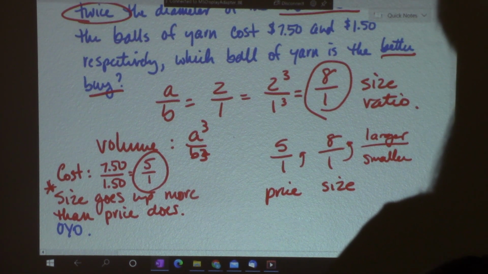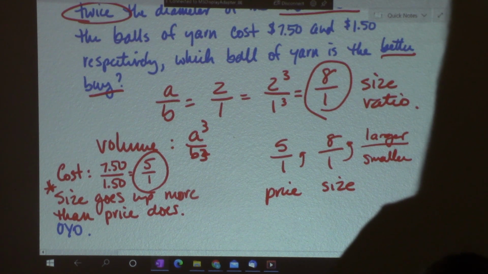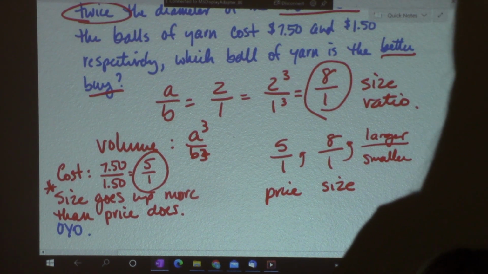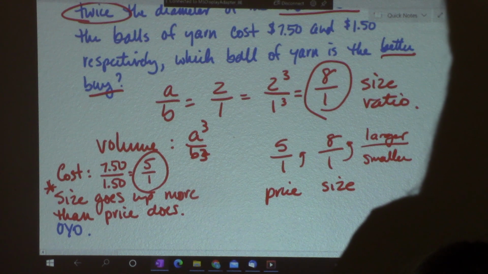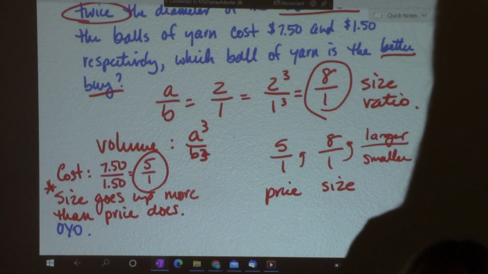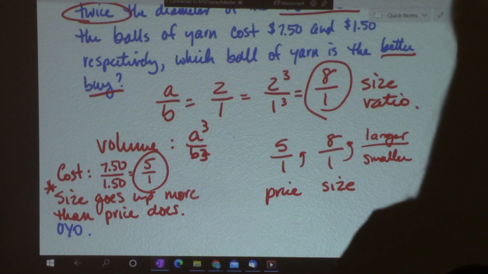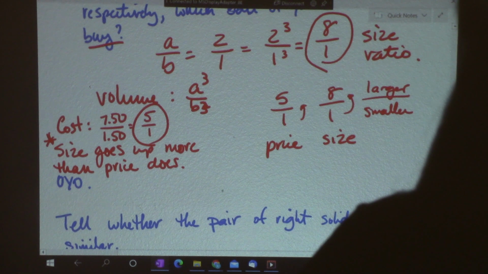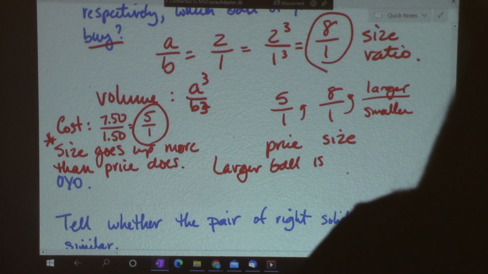This goes up 8 times, the price goes up 5 times. So I'm getting way more volume as it increases than the price going up. So the larger ball of yarn will be a better buy, okay?